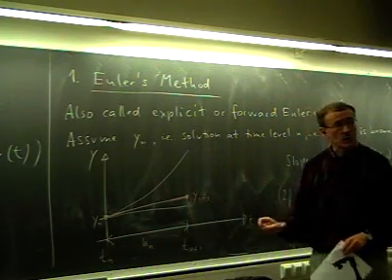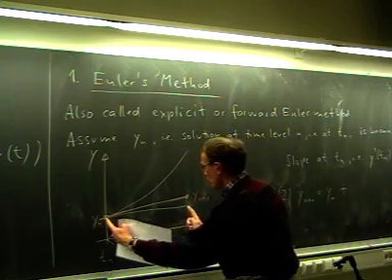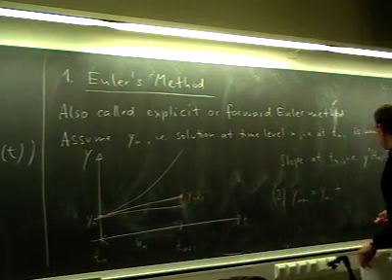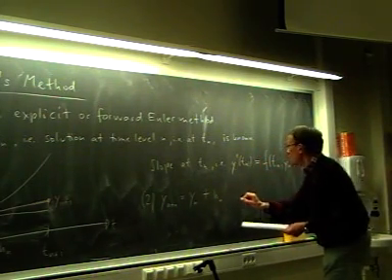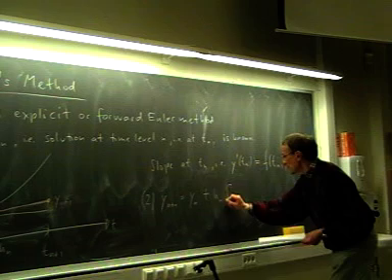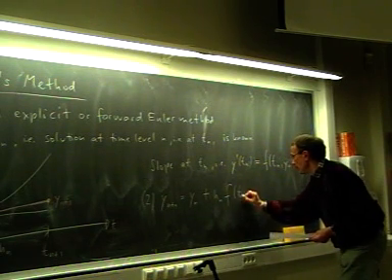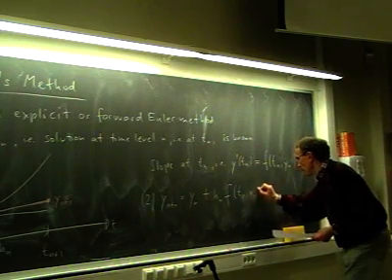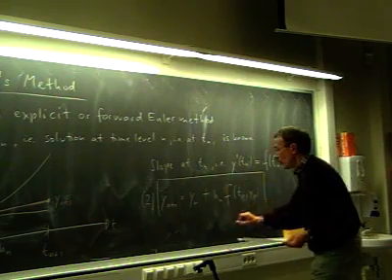Then we get this, because the slope is the change in y with respect to the change in t. Then we do it like that, hn times the slope. The slope we have just said is f of tn yn. So then we have already Euler's method.